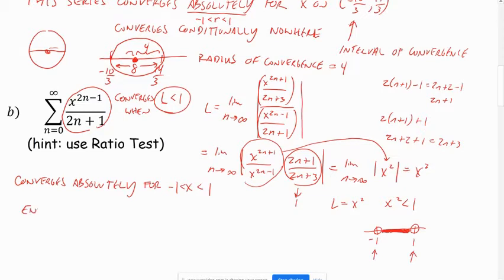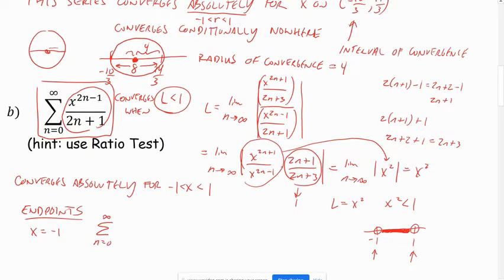So our endpoint analysis, we're first going to look at x equals -1. So we take our original sum and replace the x with -1. And so now that's going to be the sum from n equals 0 to infinity.